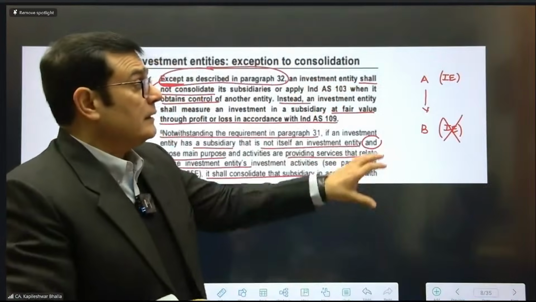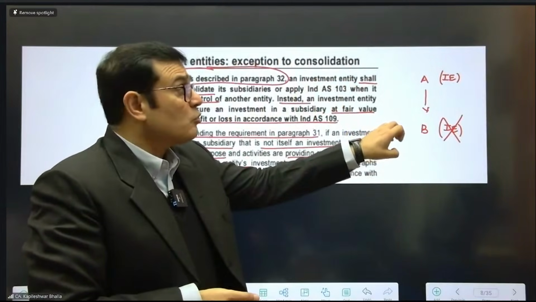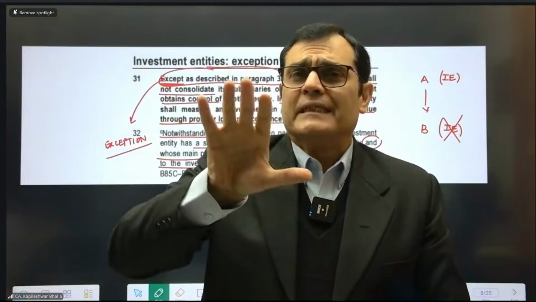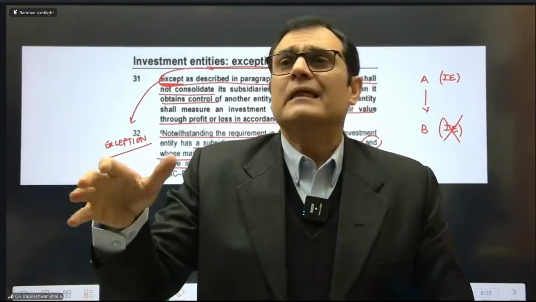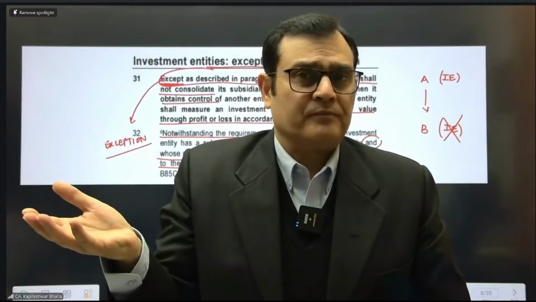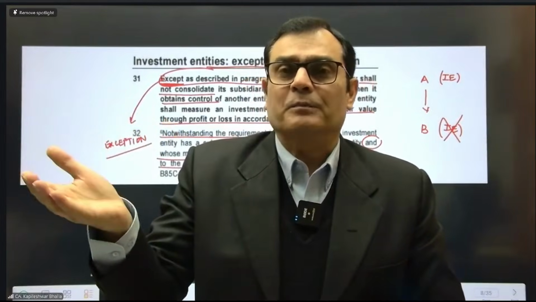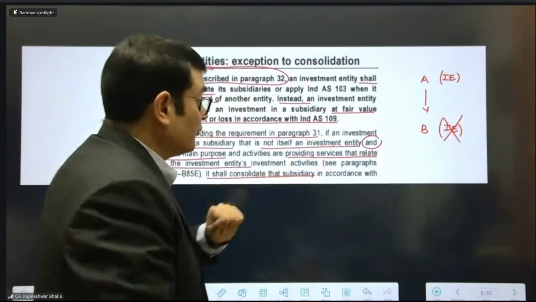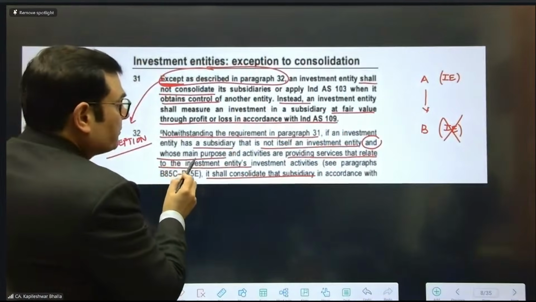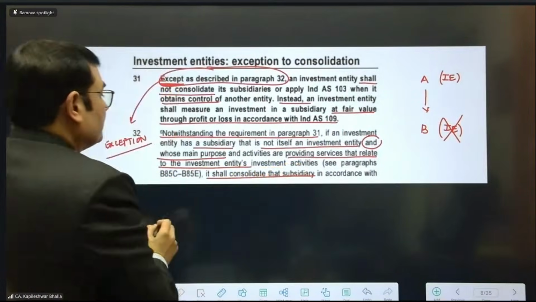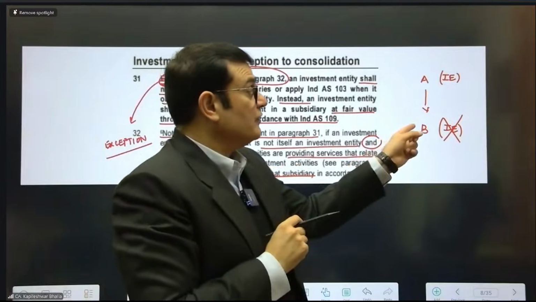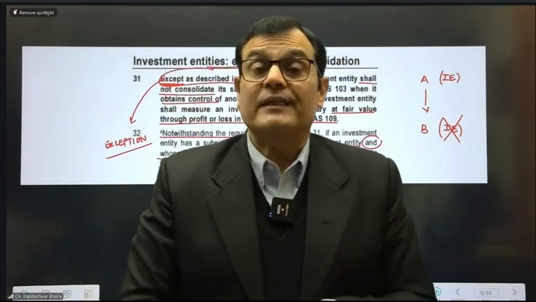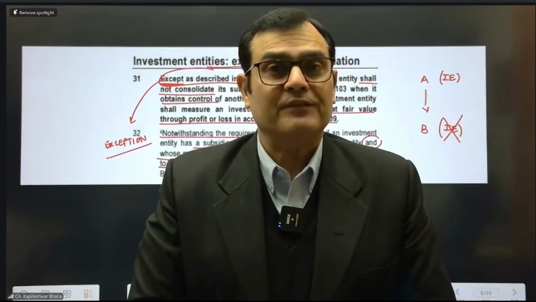So it is quite possible that B Limited does work quite similar to A, but because of all those complicated parameters, it doesn't pass them, and therefore does not become an investment entity. So they said, if its main purpose and activities are providing services that relate to the investment entity, similar to those of A, I will tell A, you need to consolidate.